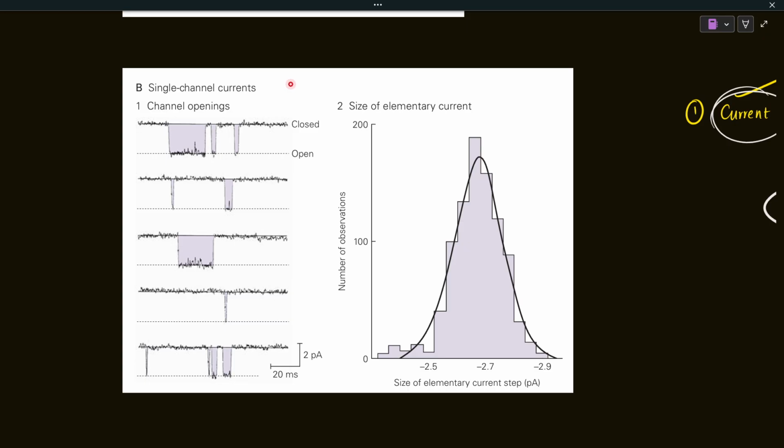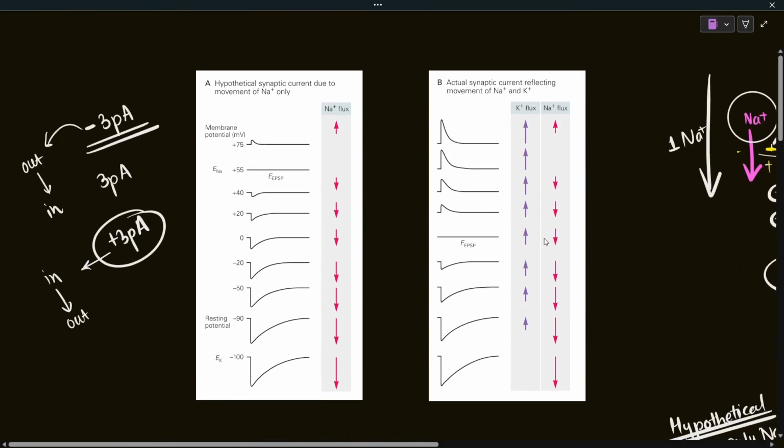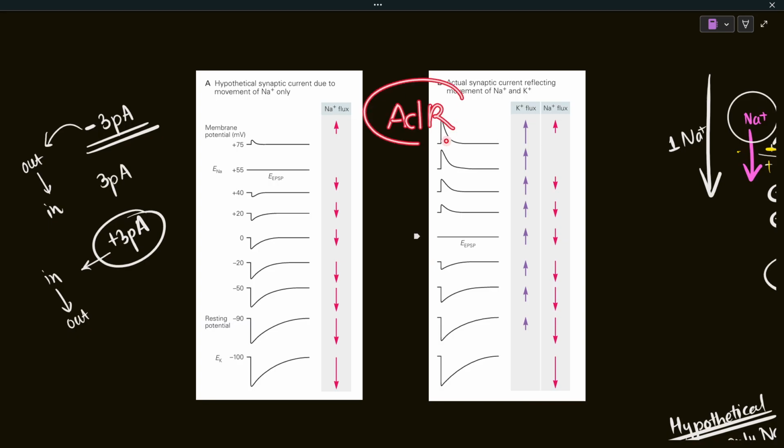Usually it opens for 1 millisecond, and it lets through almost 17,000 sodium or potassium ions. We already saw that it lets through both sodium ions as well as potassium ions. In this experiment, we saw that both potassium ion flux and sodium ion flux are seen. This again proves the point that the acetylcholine receptor is not selective for single ions, unlike the voltage gated ion channels. Voltage gated sodium ion channels only let through sodium ions, and voltage gated potassium ion channels only let through potassium ions.